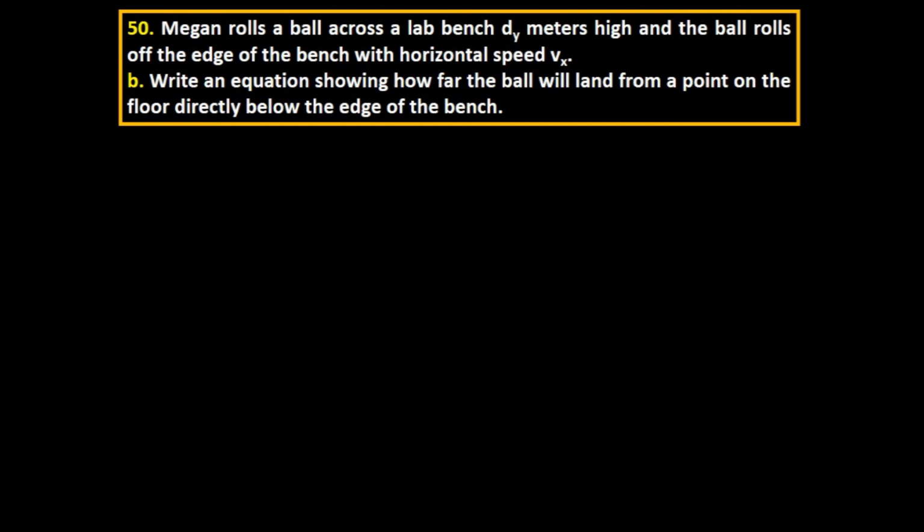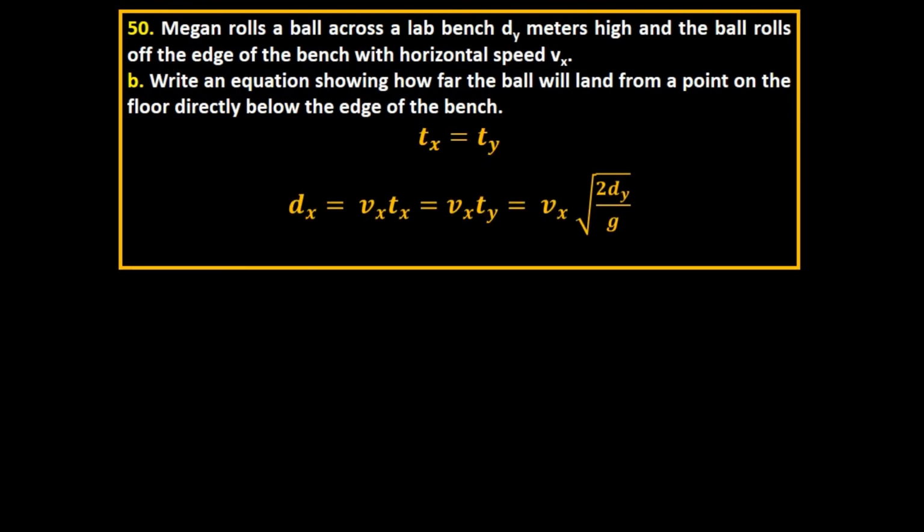The next is write an equation showing how far the ball will land from a point on the floor directly below the edge of the bench. Understand that the horizontal speed Vx doesn't change, and that the time to drop, Ty, equals Tx.